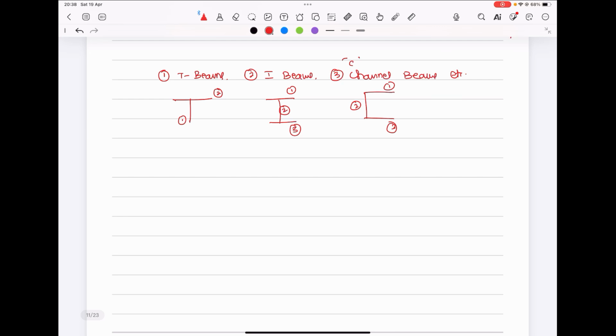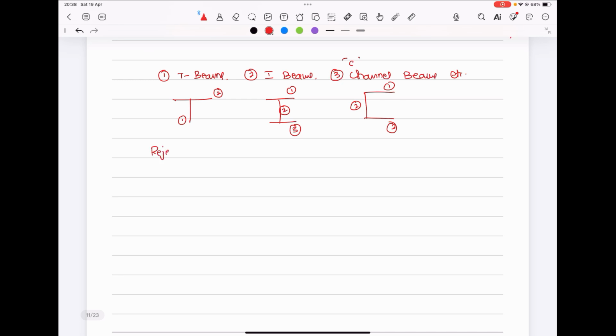By applying the suitable factor of safety, we compare these values with the code values. With them we either reject the beam or accept the beam. That is the ultimate aim.